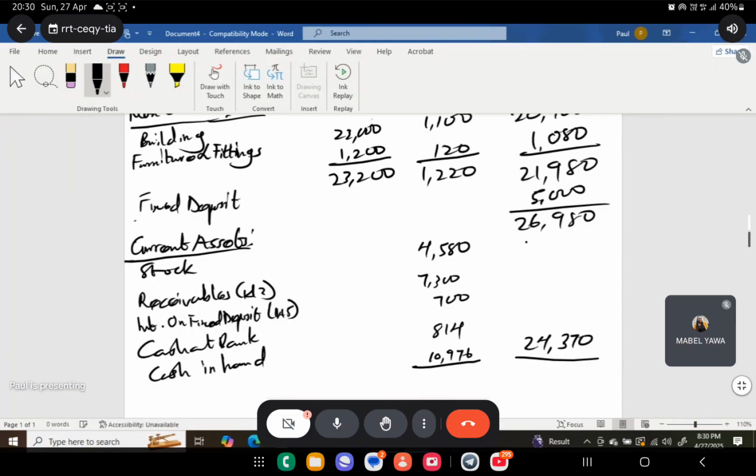So when we add it to the non-current assets, we have 26,980, which will give us 51,300. Let me also use red ink for that. So which will give us 51,300.